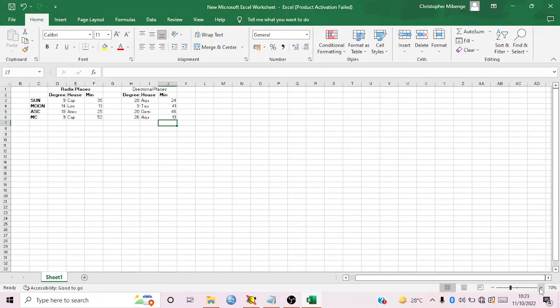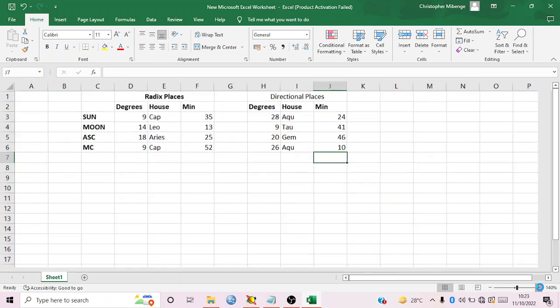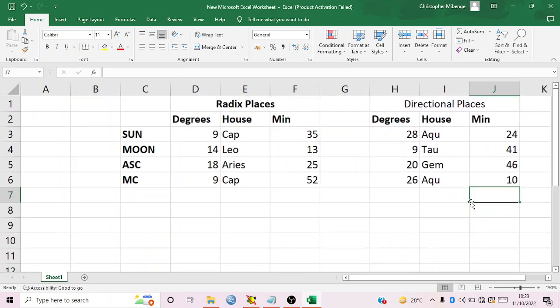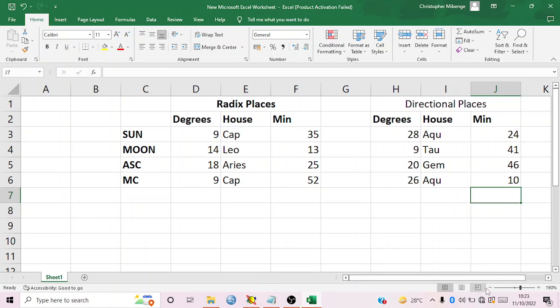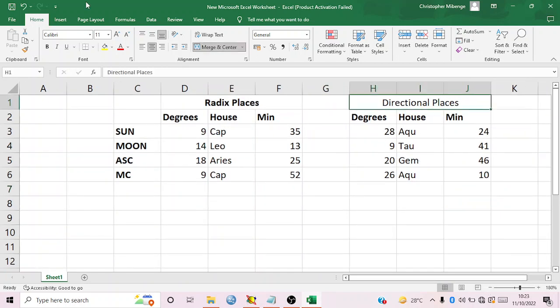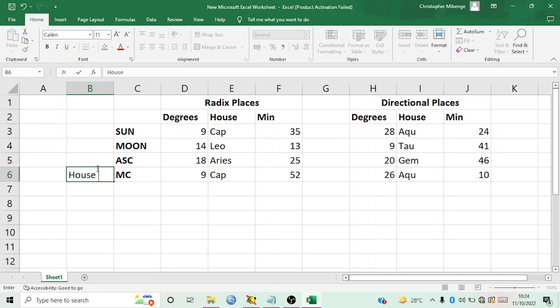So let me highlight, enlarging them again. This is large enough. So let's go over them again. So we have got the sun, the moon, the ascendant, and the midheaven, which is the MC. So the MC, as I said, I said this is house 10, right?